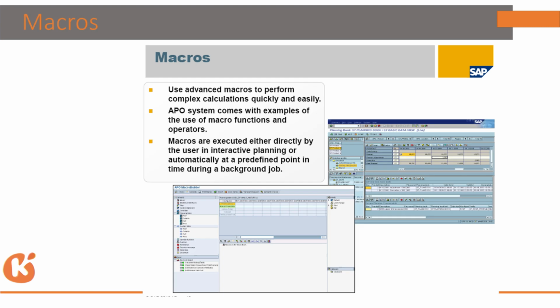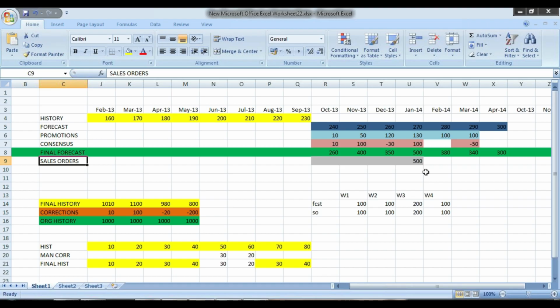So how are we going to get the alerts? Based on the macros. There are macros, same like in Excel. We use them for complex calculations, comparison of alerts, and some other functionalities. Say for example, in the Excel, my forecast is automatically calculating. Now it is 500. I will change this number to 200.